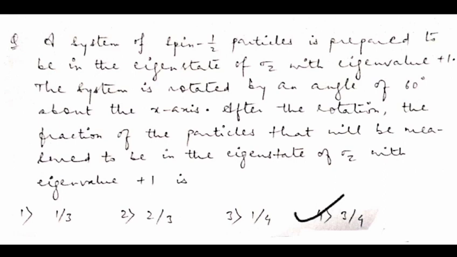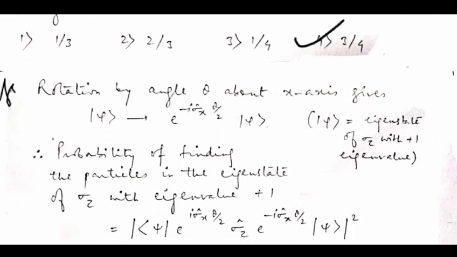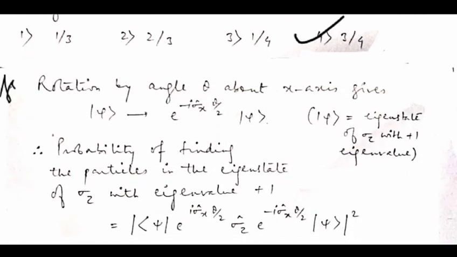So then in the rotated frame, so you can say in the rotated system, the eigenstate of sigma z with eigenvalue +1 will look something like e to the power minus i sigma x theta by 2 operating on psi, where psi is the eigenstate of sigma z with +1 eigenvalue. This e to the power minus i sigma x theta by 2 is actually the rotation operator, which rotates a ket vector about the x-axis by an angle theta.